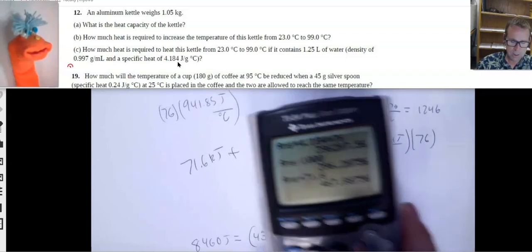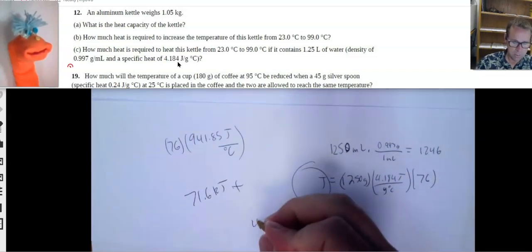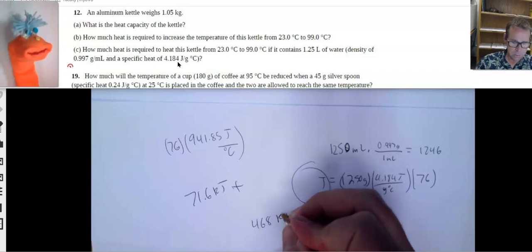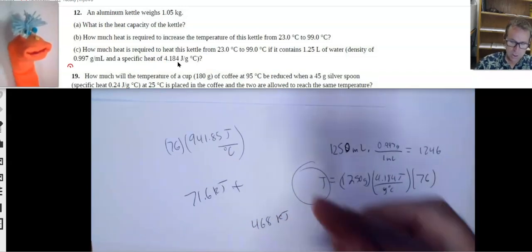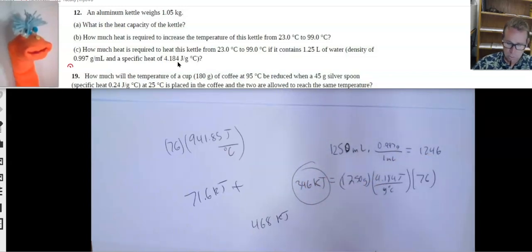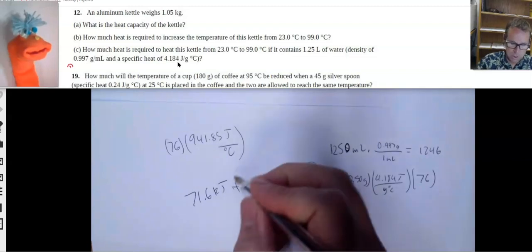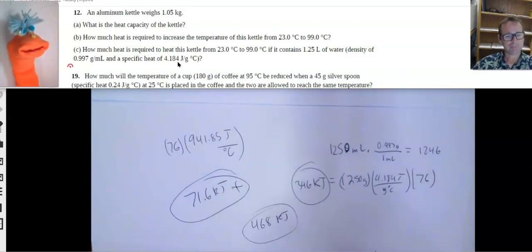Alright, so 468 kilojoules, because it was 396 here, kilojoules. Alright, plus the heat for the kettle, so the sum of that is the total.